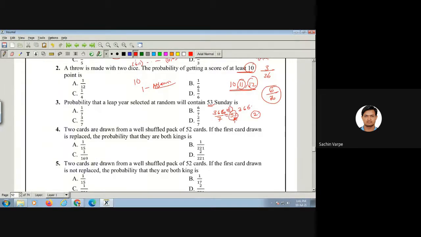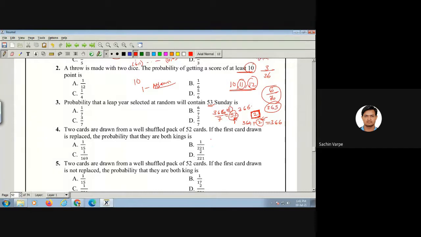Am I right? 364 plus 2 in a leap year. So these are the 2 extra days in a leap year. Now, from these 2 days, what are the possibilities to get a Sunday?